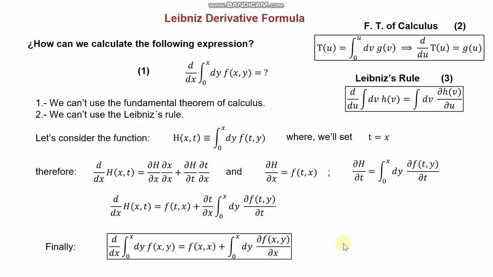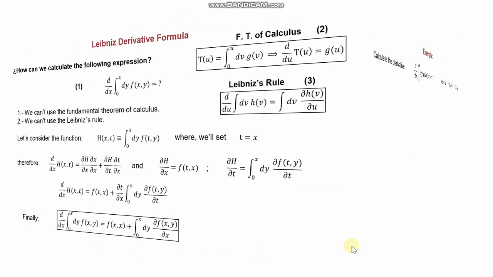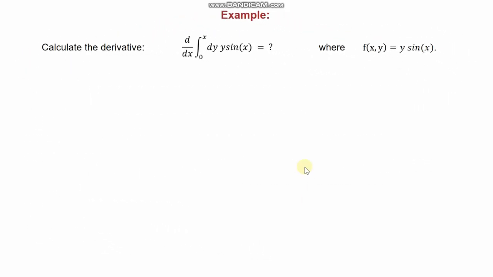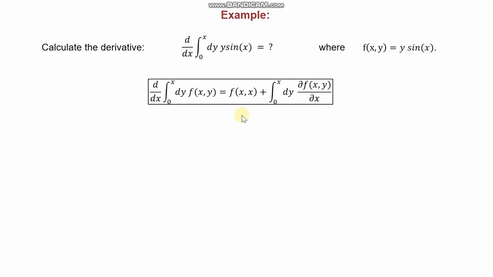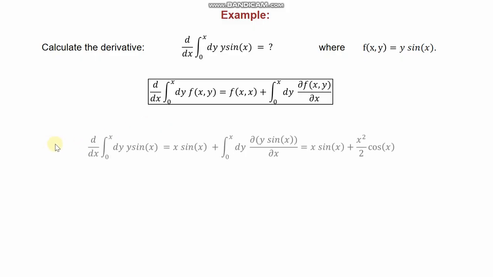To check this result, let's consider the following example. We chose this example so that we can solve it both using the formula and directly. First, we solve it using Leibniz formula.